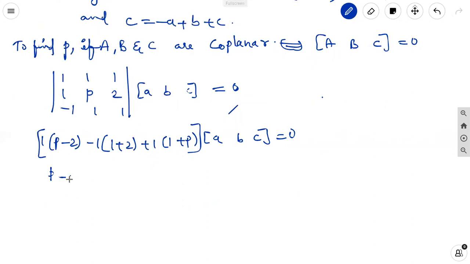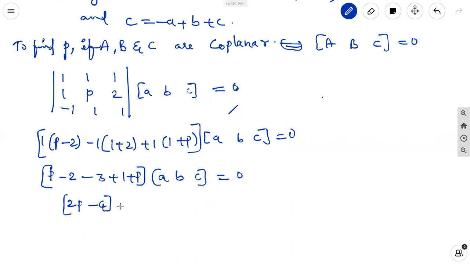Here p minus 2 minus 3 plus 1 plus p, into volume of abc, is equal to 0. Here 2p minus 5 plus 1 is minus 4, into volume abc is equal to 0.